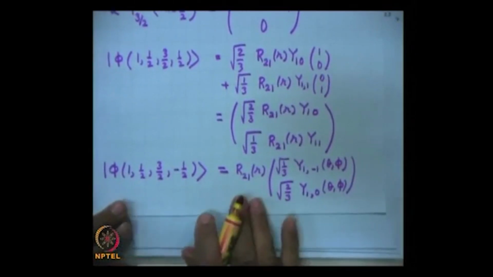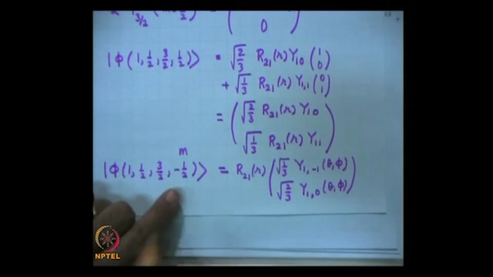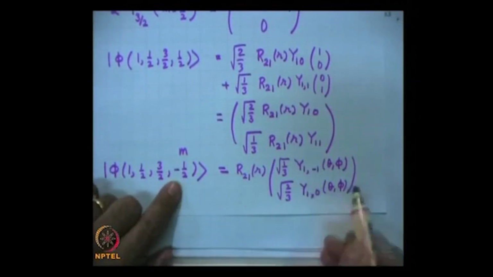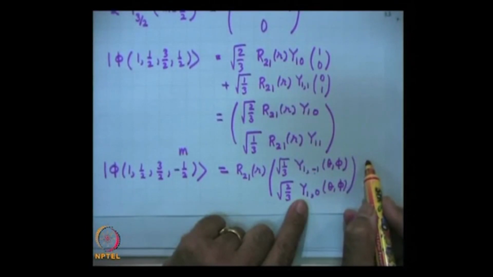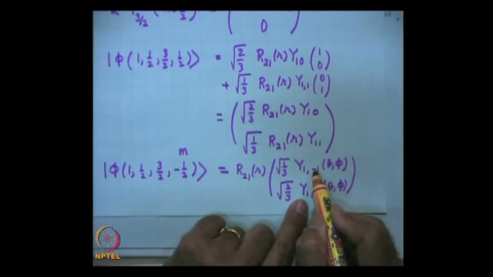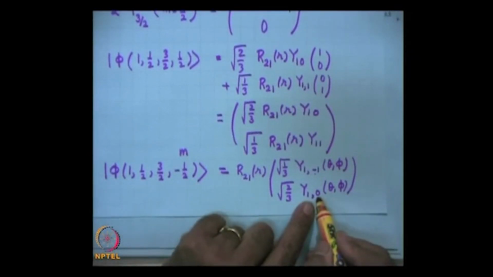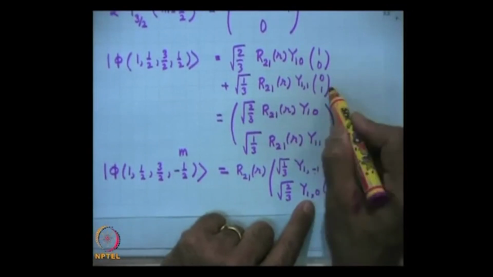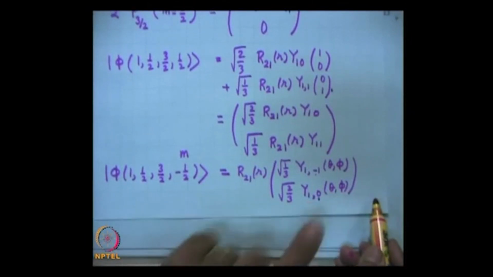Now you should understand that this is the value of m. So that must be equal to m1 plus m2. So m1 is minus 1 and this is the spin up state, so m2 is plus half. So minus 1 plus half is minus half. This is multiplied by the spin down state, because this is in the second row. So 0 minus half. So this is this.